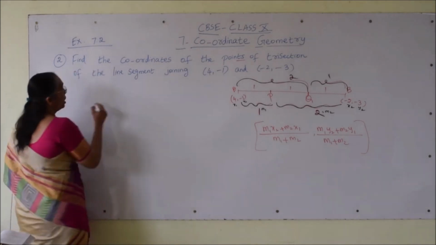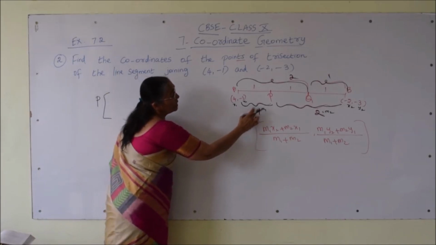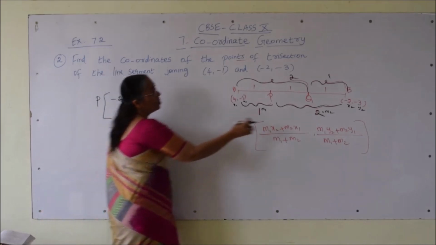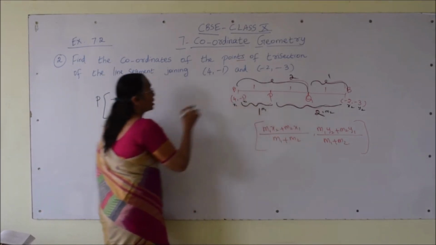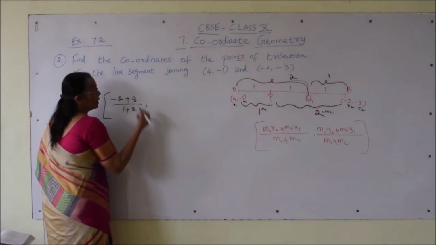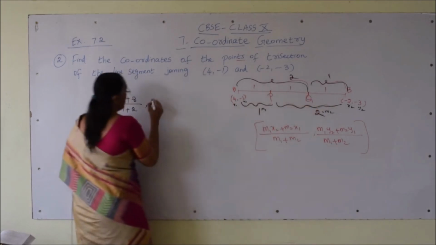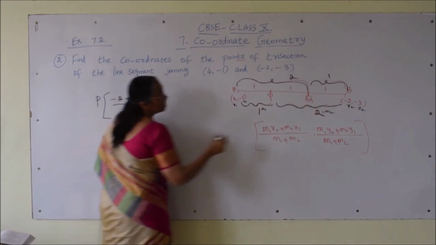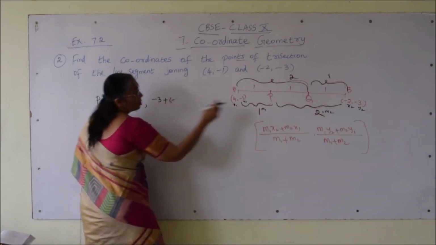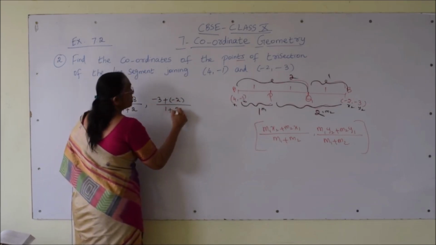Using the formula, the coordinates of P are: m1x2, 1 into -2, which is -2, plus m2x1, 2 into 4 is 8, divided by m1 plus m2, 1 plus 2, comma, m1y2, 1 into -3 which is -3, plus m2y1, 2 into -1 which is -2, divided by m1 plus m2.